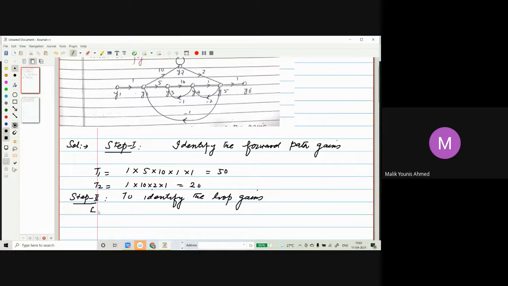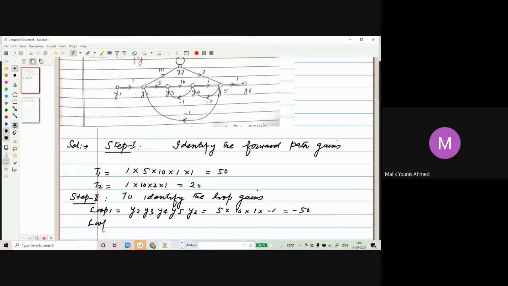Let's say loop 1 in this case will be this one: y2, y3, y4, y5, and back to y2. So that will be 5 into 10 into 1 into minus 1, and that comes out to be minus 50.